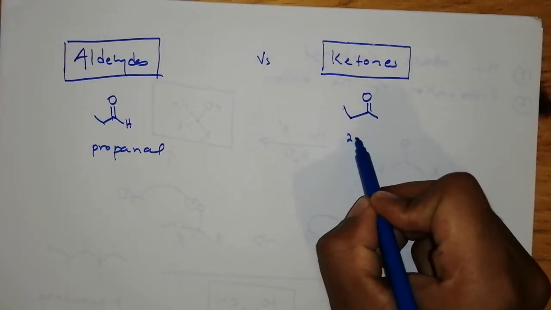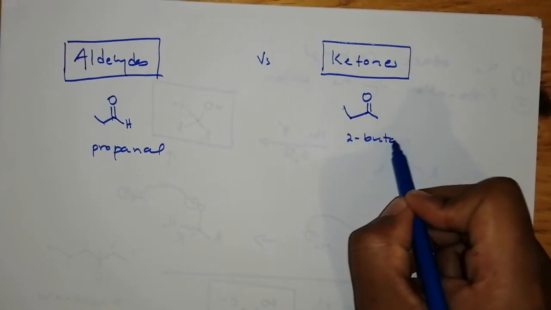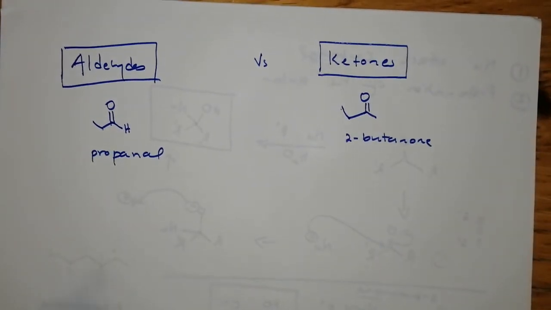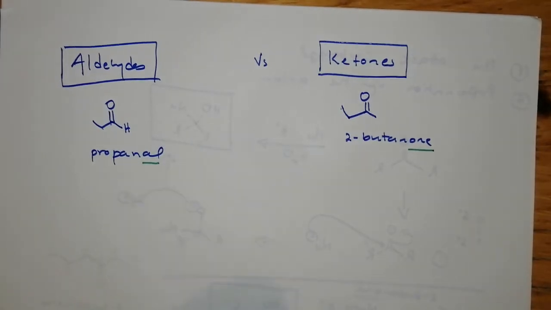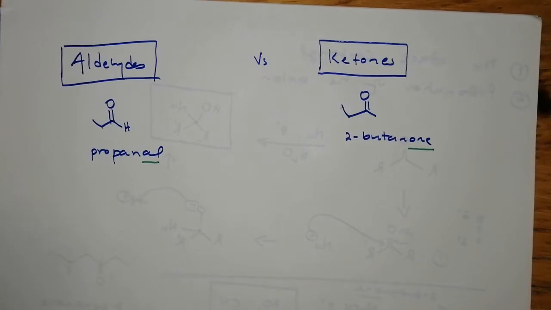So we're going to have 1, 2, 3, 4, butanone. And guys, take note of the suffix there. This is how we name this functional group. If it's an aldehyde, it's going to end with this suffix. If it's a ketone, it's going to end with this suffix.